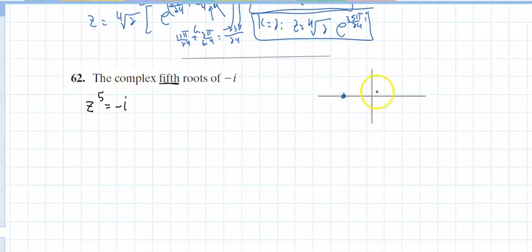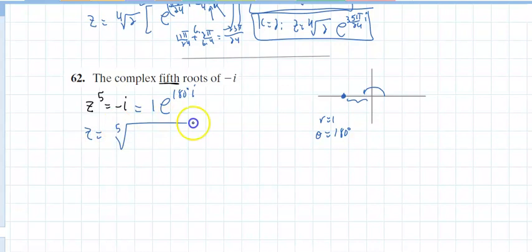Negative i is actually right there. So I know that r equals 1, and I know that theta equals 180 degrees. So I could write this as 1 e to the 180 degrees i. Now, since I'm going to take the fifth root of both sides, and I want more than one solution, I'm going to say that's 180 degrees plus 360 degrees k. And I'm going to do the same trick.